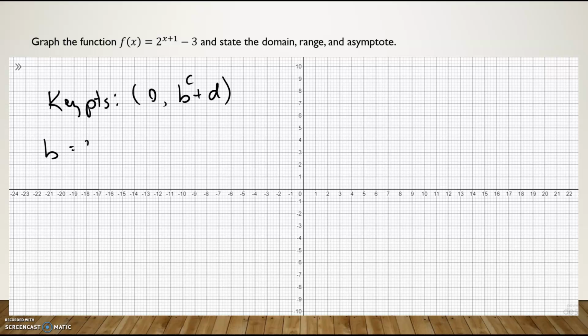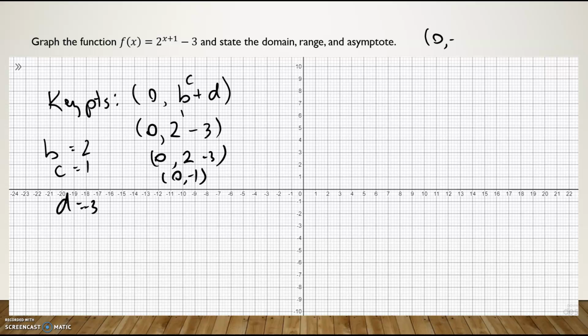Now our b is 2, our c is 1, and our d is negative 3. So we get (0, 2 raised to 1, minus 3). That is 2 minus 3, so that is (0, negative 1). I'll write that over here.